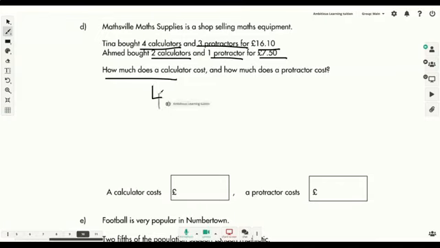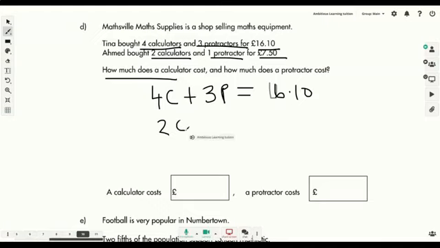So basically, 4 calculators plus 3 protractors cost £16.10, and 2 calculators and 1 protractor price is £7.50.